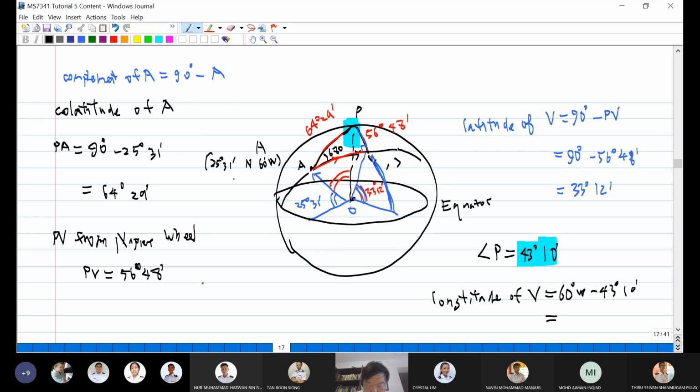Okay, 16 degree 50 minutes. Still in the west, but slowly going to the east side. This is the longitude of V. So I show you the calculation here already.